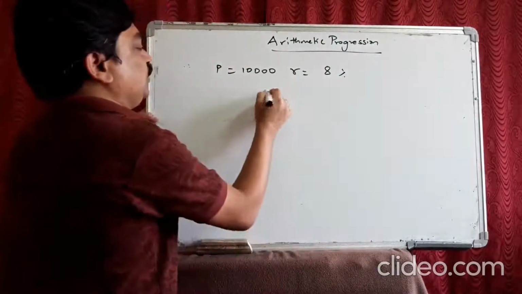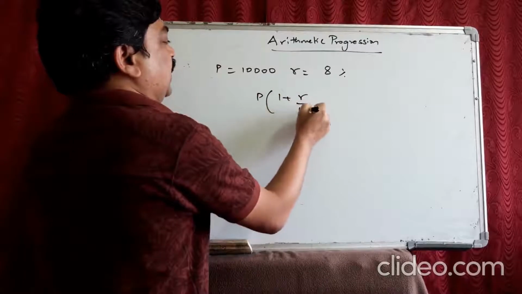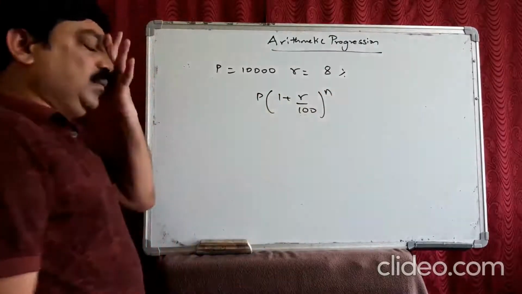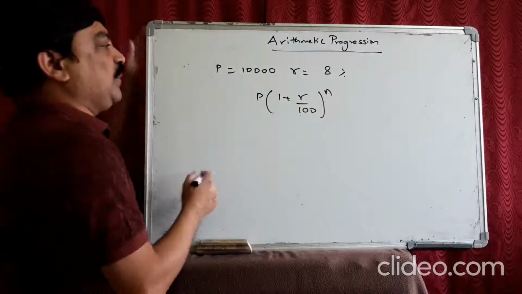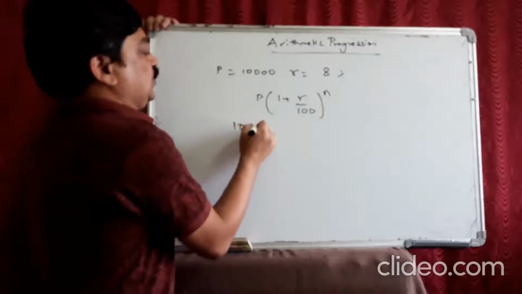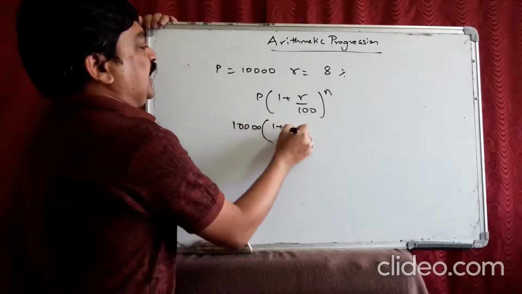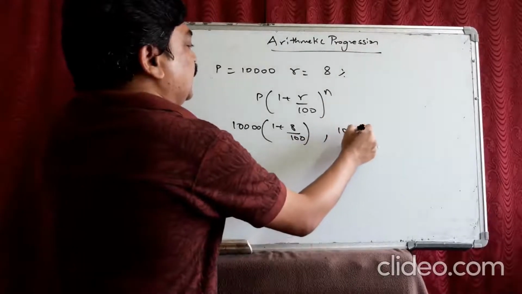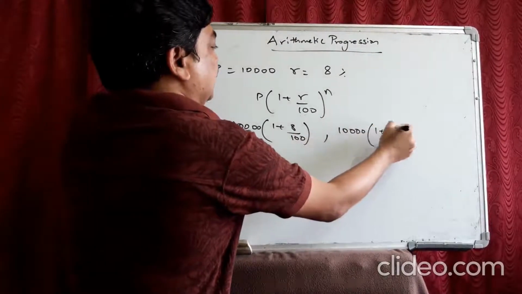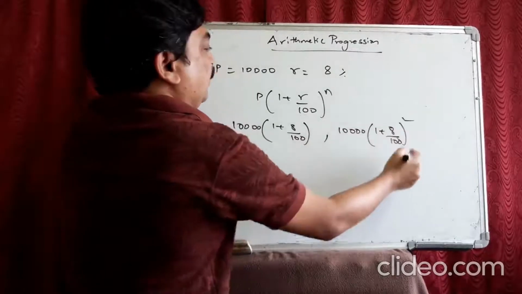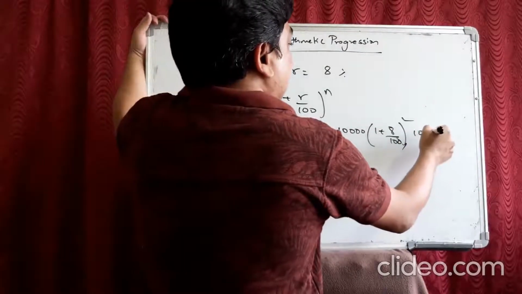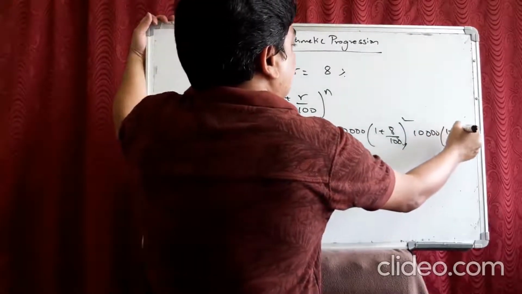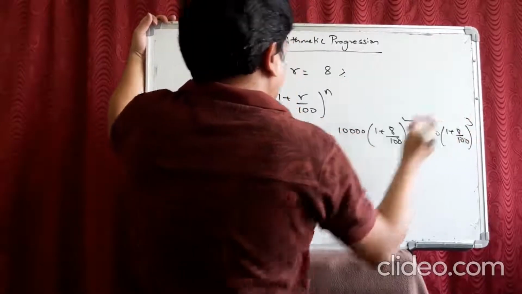Actually, P into 1 plus R by 100 whole power n. So for the first year, what happens? 10,000 into 1 plus 8 by 100. Second year, it becomes 10,000 into 1 plus 8 by 100 whole square. Third, 10,000 into 1 plus 8 by 100 whole cube.